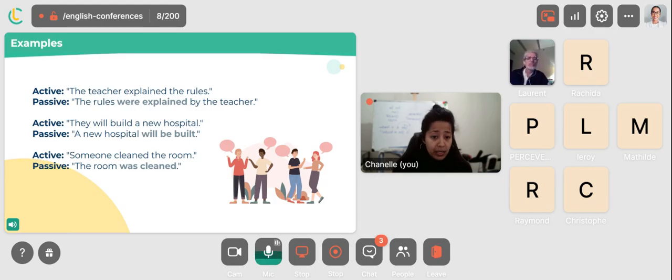In passive voice, the rules were explained by the teacher. In active voice, they will build a new hospital. In passive voice, a new hospital will be built. In active voice, someone cleaned the room. In passive voice, the room was cleaned.